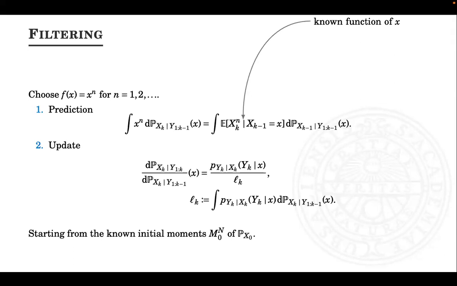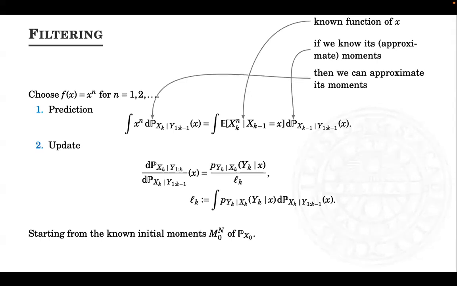Since this is a function of x which we know, now suppose that we know the moments of this previous filtering distribution. We are asking, can we use that moment information to compute this integral? Suppose there is such an algorithm that lets us do so. Then with these moments, we can compute arbitrary moments of this probability measure.